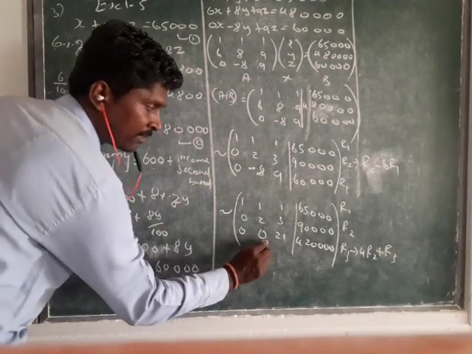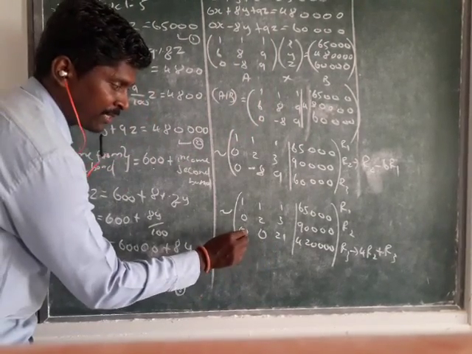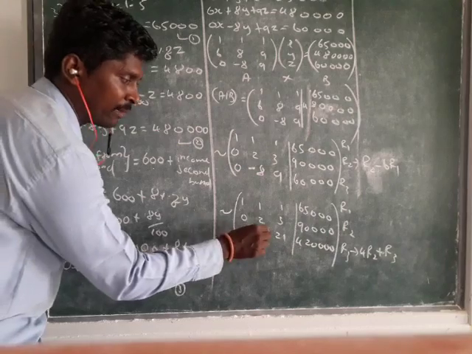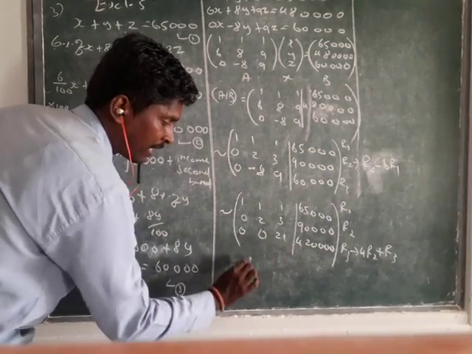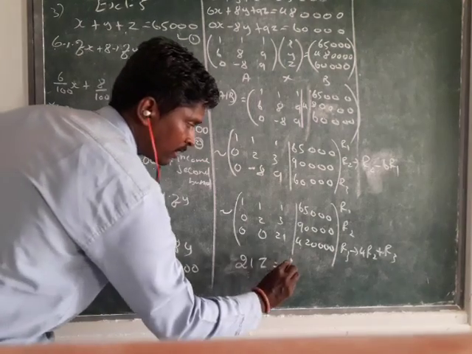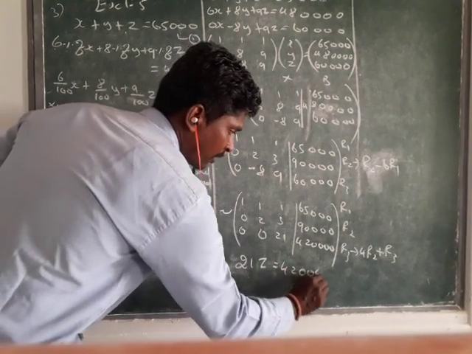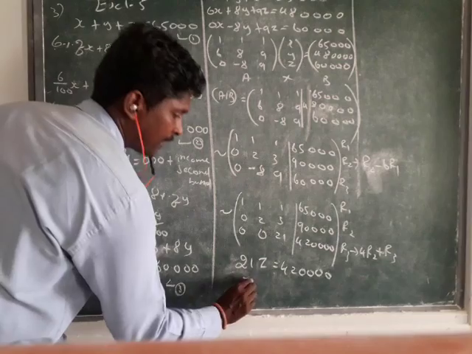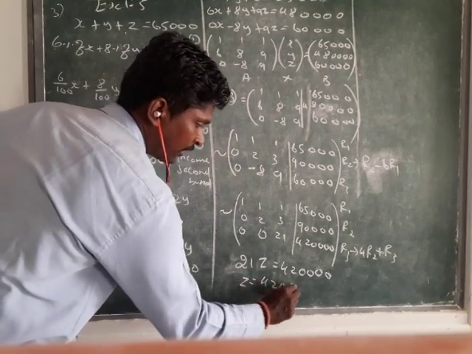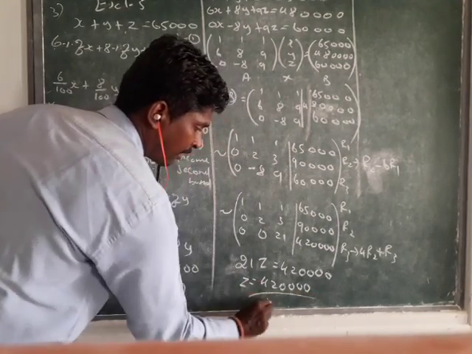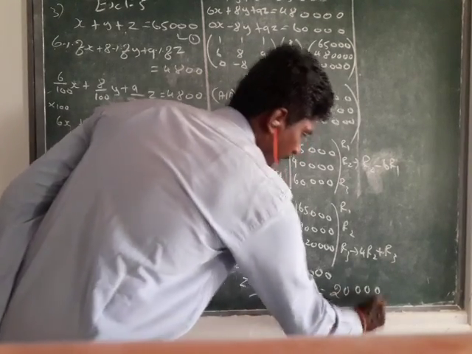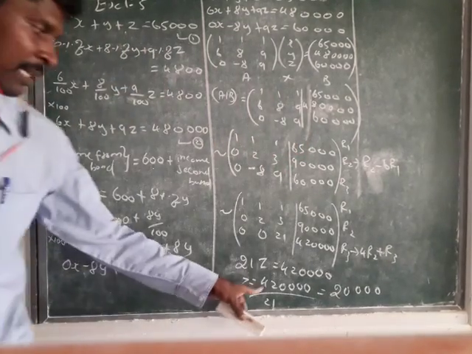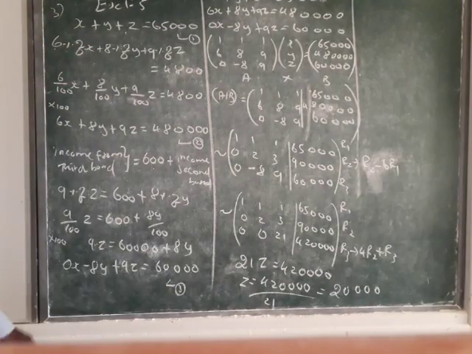I take the third equation: coefficient of x is 0, y term is 0, we have only the z term. So 21z equals 4,20,000. Then z equals 4,20,000 divided by 21, which becomes 20,000. 2 times 21 is 42, so 20,000 comes.